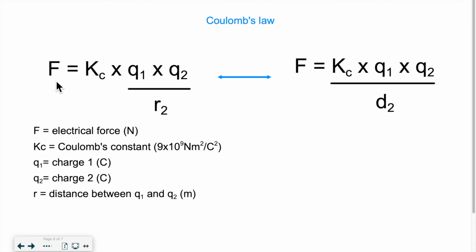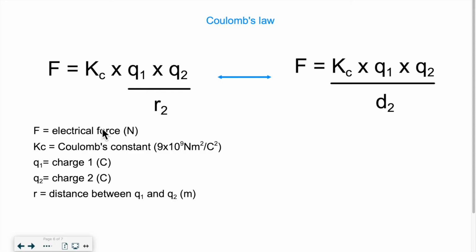The force between two bodies that carry a charge, measured in Newtons, is equal to a certain constant. You have the value over here, 9 times 10 to the 9 Newton meter squared per Coulomb squared. Remember, it's 9 times 10 to the 9. That's the important part. Times the object number 1, its charge.